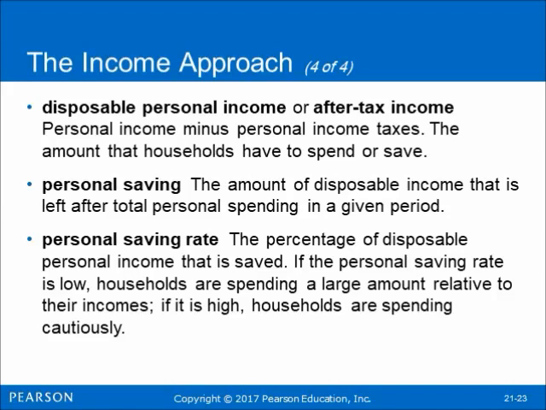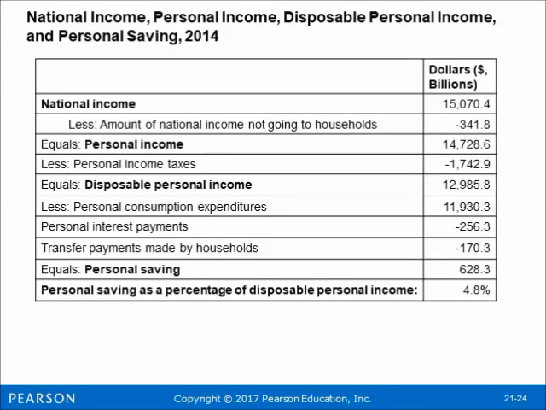Second, we explain the two different methods for calculating GDP. Third, the following table shows calculating national income, personal income, and disposable personal income and personal saving in 2014 for the US.